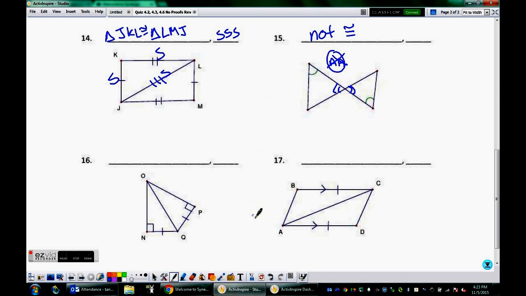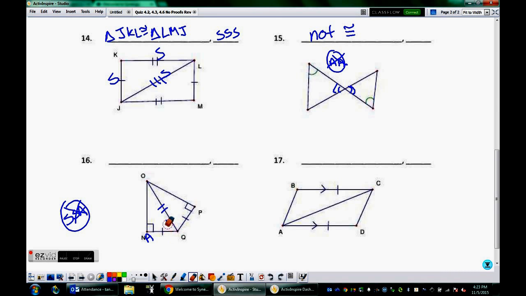So for 16, I can mark the center here, shared. Now normally I would look and say, oh, you know what? I've got a side and an angle. Remember, side, angle did not work, but it does have a special case.